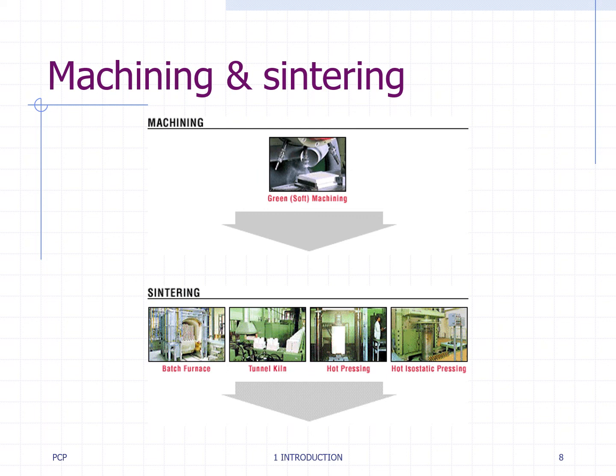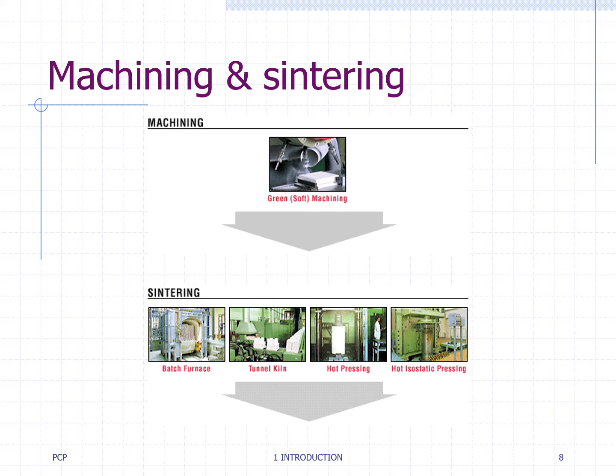In the sequence, we might have some kind of surface machining, which is called green or soft when held before firing. Firing or sintering occurs in furnaces or kilns, which might be of various types and sizes, such as batch or tunnel.